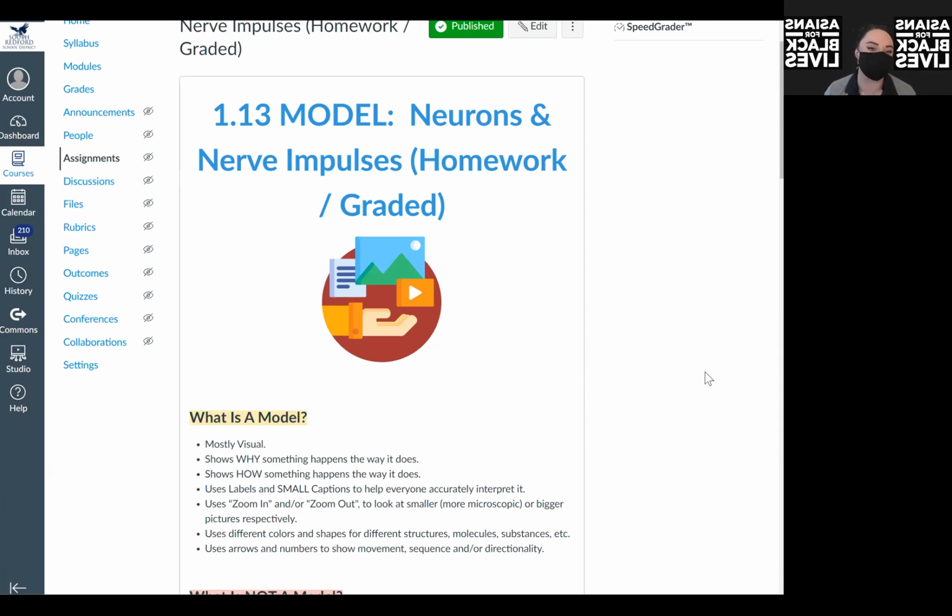But for most life science purposes, it's difficult for us to make physical models that actually show mechanisms on an atomic and cellular level. So it's easier for us to either digitally create a model or make a visual model like a drawing.